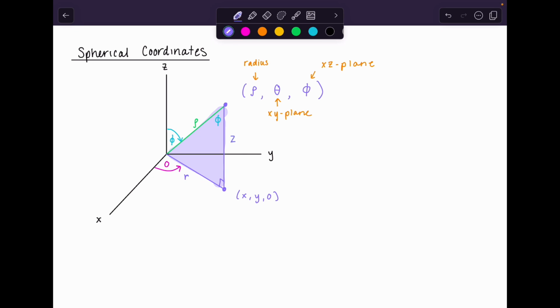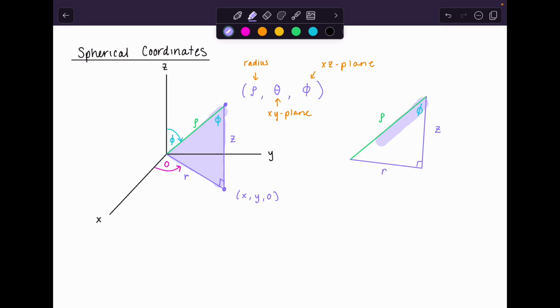And then this side of the triangle is just how much we're moving in the z direction. So I'm going to copy this over here because this is going to be important for us. Here is rho. Here are the sides of my right triangle. Not perfect, but that's okay. Right angle right here. Z is right here. R from polar is right here. And then phi is this angle up top.